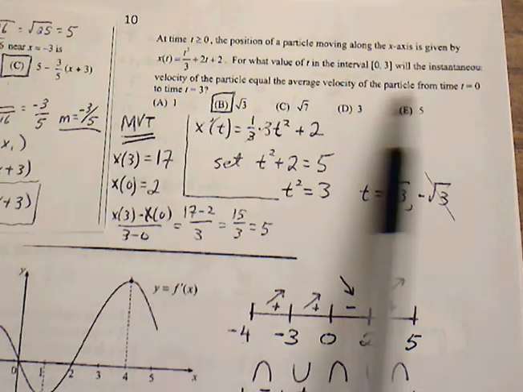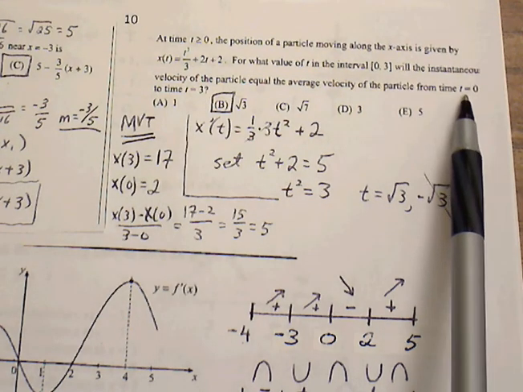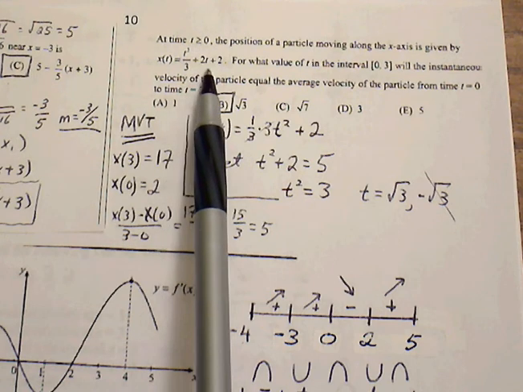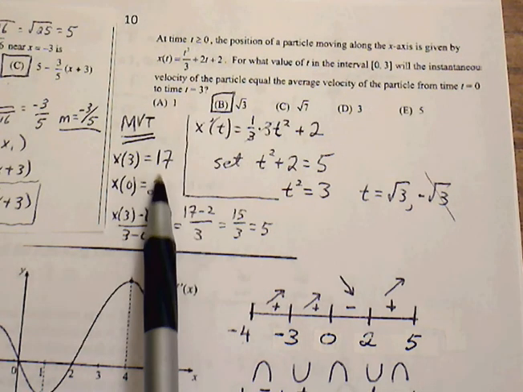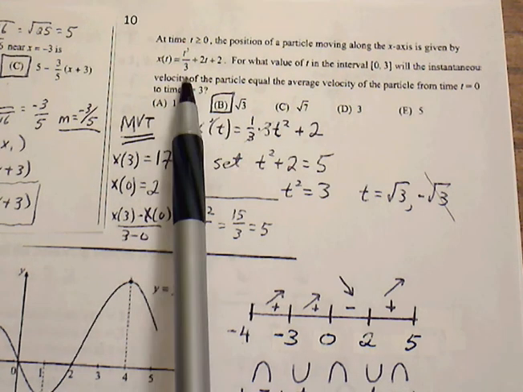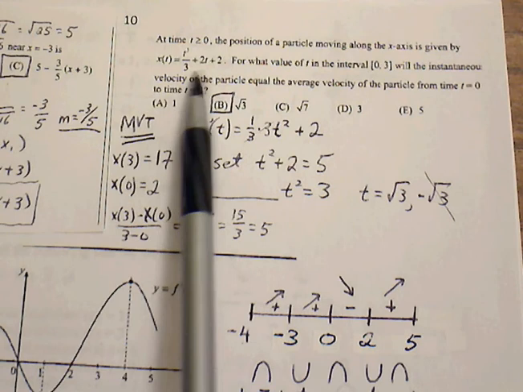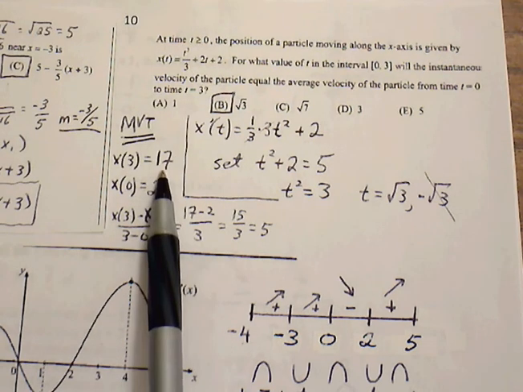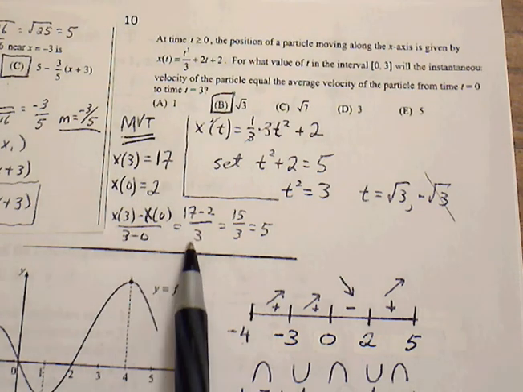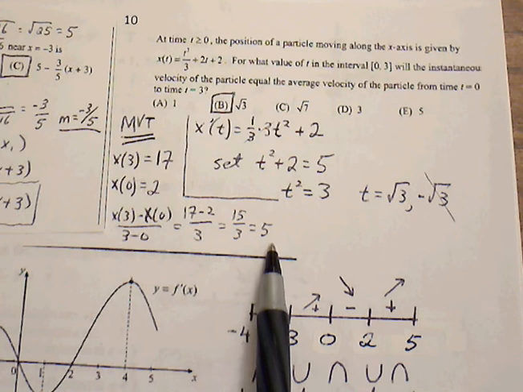And we have our endpoints, so plug 0 and 3 into the original equation. So plug 0 in for t, and you're going to end up with 2. If I plug 3 into the original function, work that out, and that will get you to 17. So we have your ordered pair 3, 17, and 0, 2. We just find the slope between those two endpoints, and we're going to get 15 over 3, which is 5.